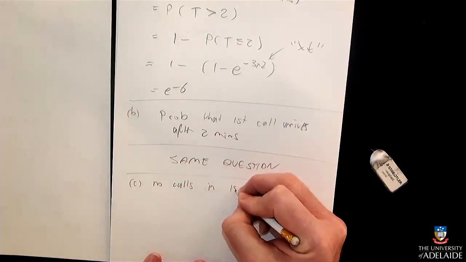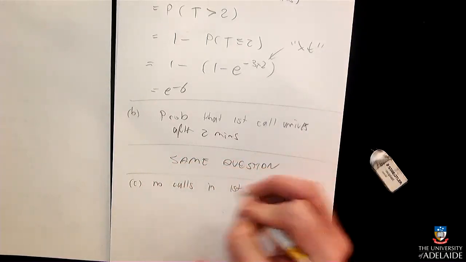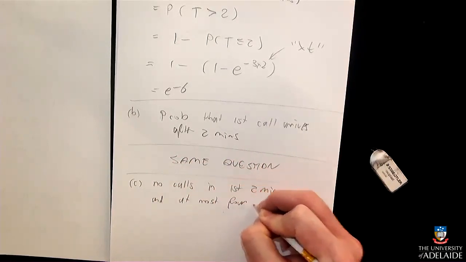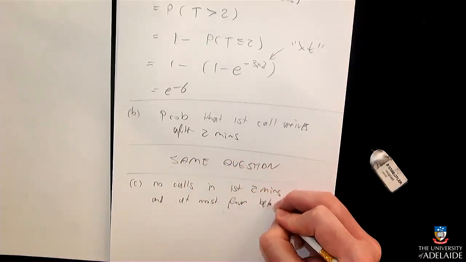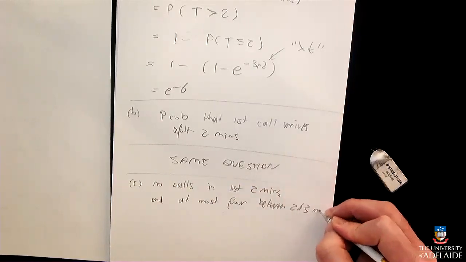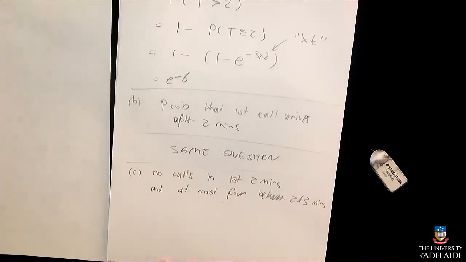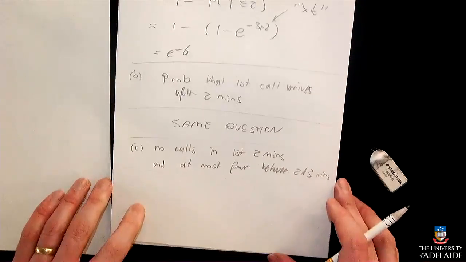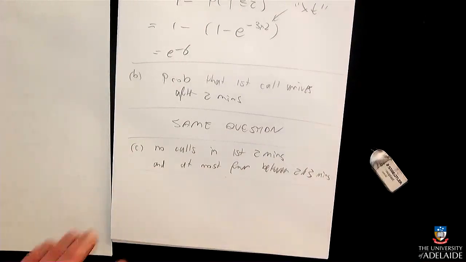No calls in the first 2 minutes, and at most 4 between 2 and 3 minutes. Okay. Well, I would go Poisson with this.